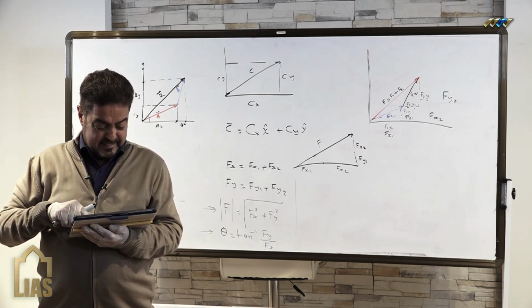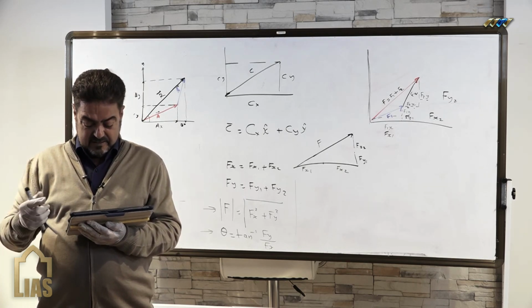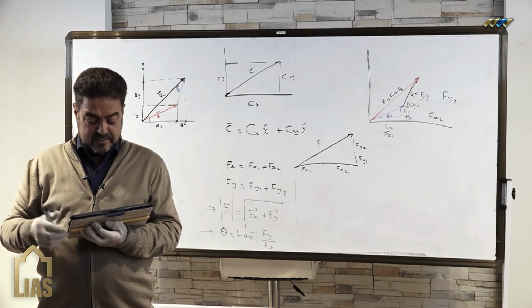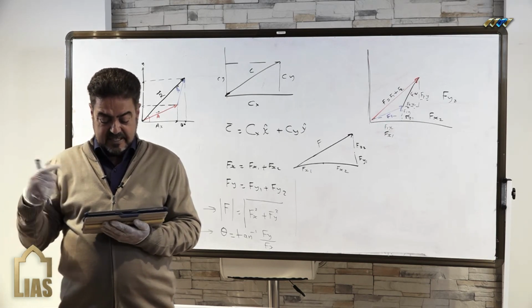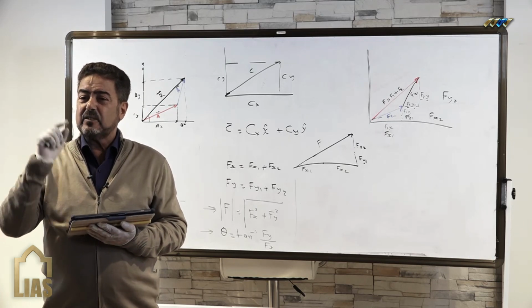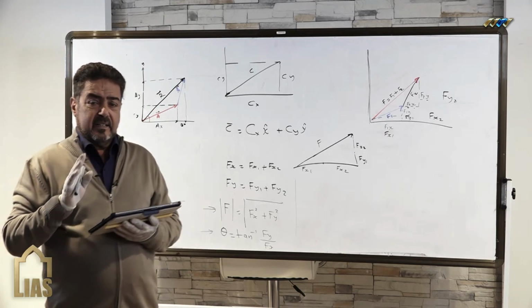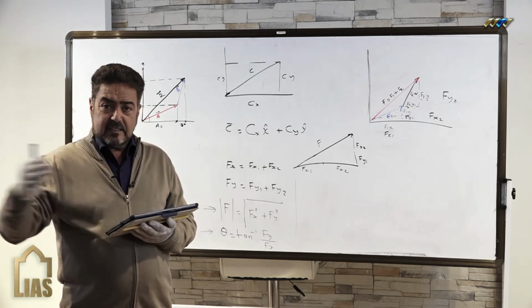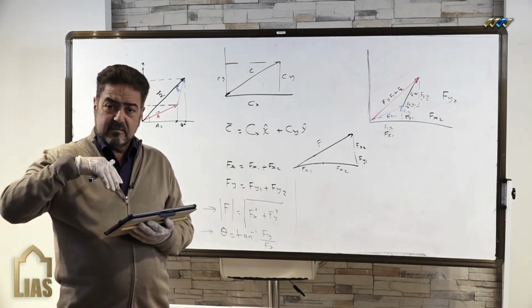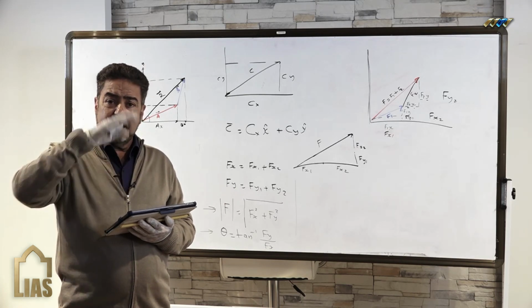It's rectangular, and because we have 2D, we have x and y. Take all the x together and all the y together, add and subtract.